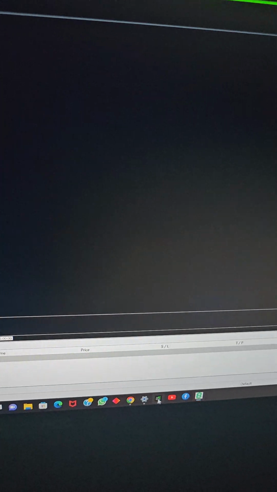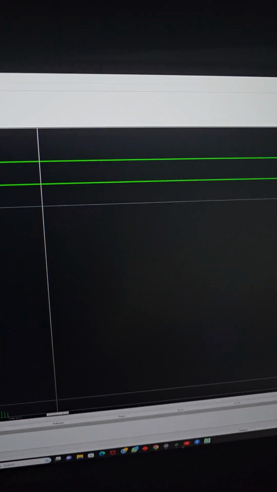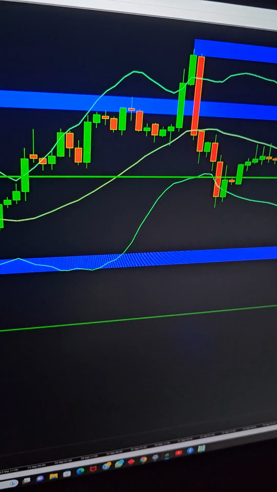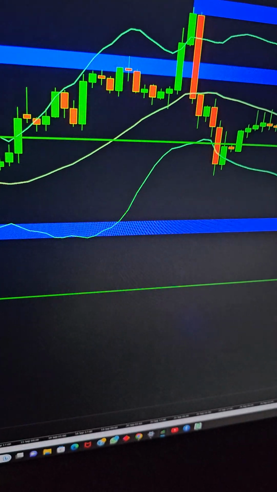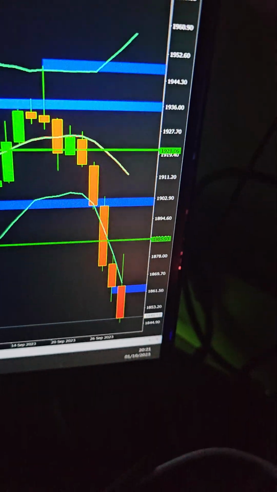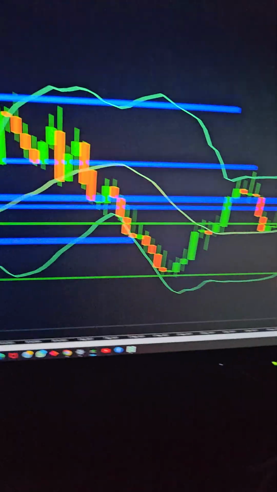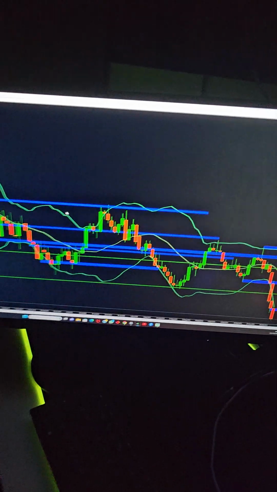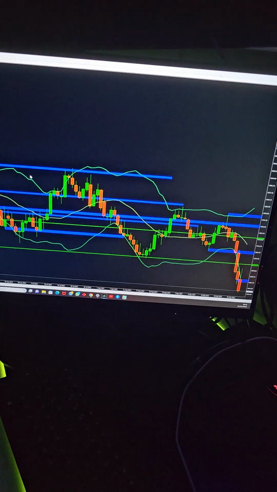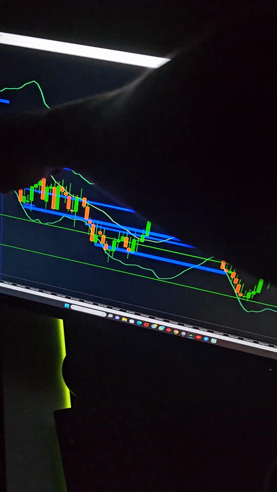So let's go on the daily and see what we could be expecting for the coming week. This is the daily chart. We've had this drop to the downside, and if you look at this chart, I'm moving back so you can see it properly. We were moving in this range.